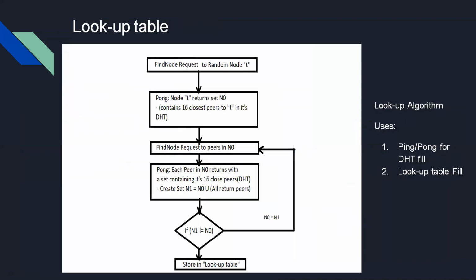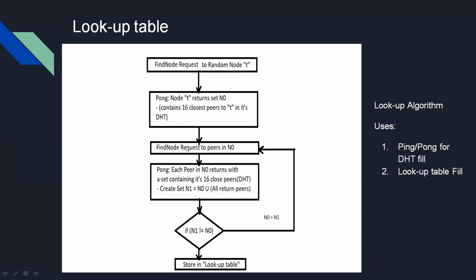So how does the lookup table work? The lookup algorithm sends a find node request to a desired node T, randomly selected. Now the node T returns a set N0 which contains the 16 closest peers in its DHT.